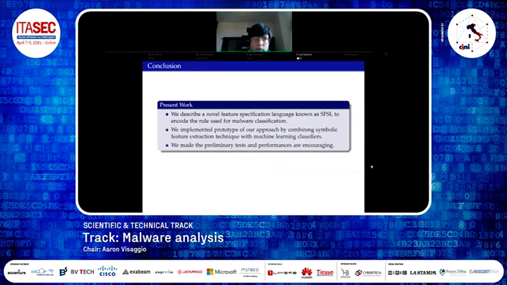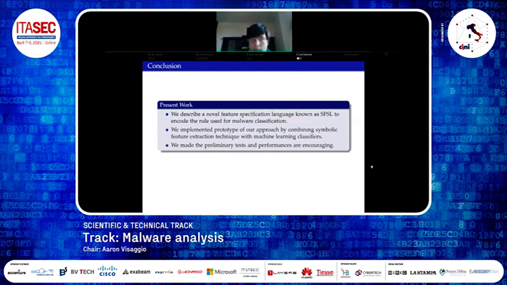In conclusion, I would like to say that we presented a novel feature specification language, known as SFSL, to encode the malicious behavior of any sample. Secondly, we developed a prototype of our approach by combining the symbolic feature extraction technique with the machine learning classifier.